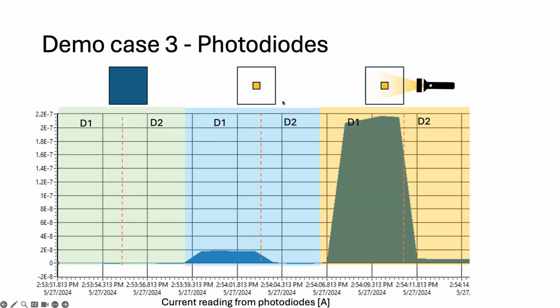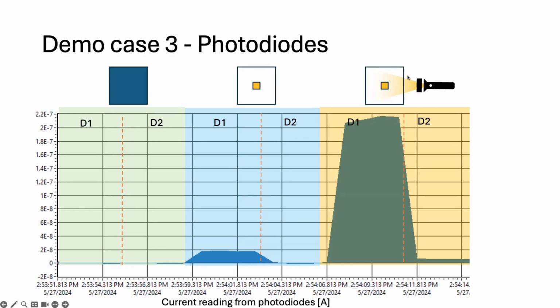Then when the lid was opened with the room light, then in case of the first diode, there was some measurable photocurrent in the E-8 range. And also, if you zoom in, you can see some reading on the D2 photodiode, close to the noise floor.